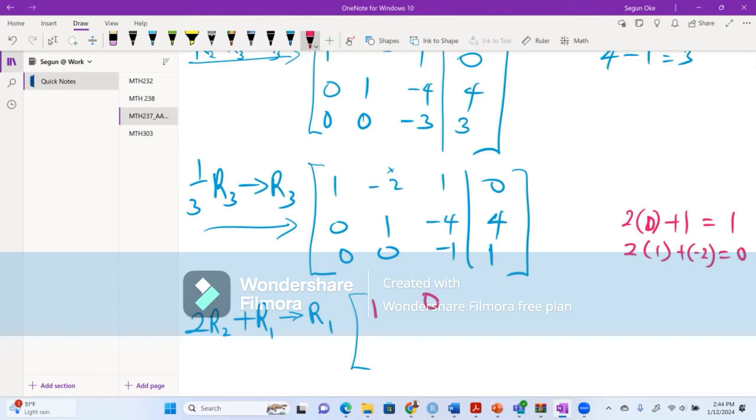Then 2 in brackets negative 4 plus 1. What do you have?